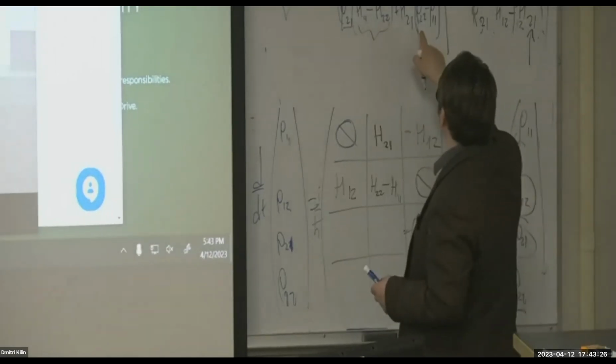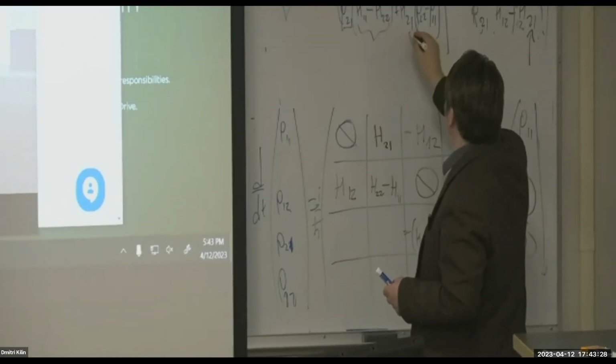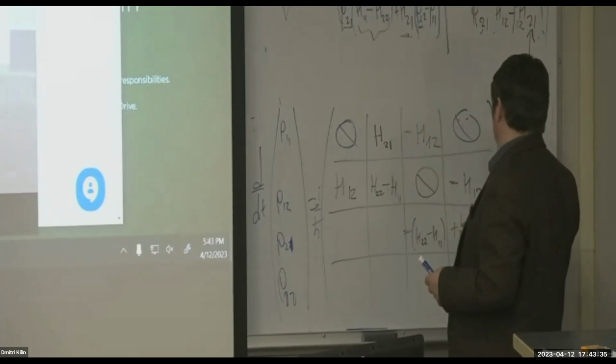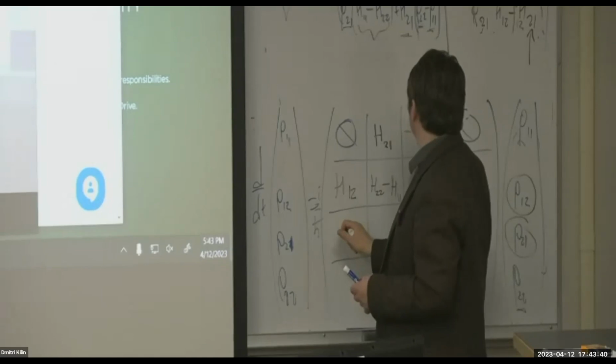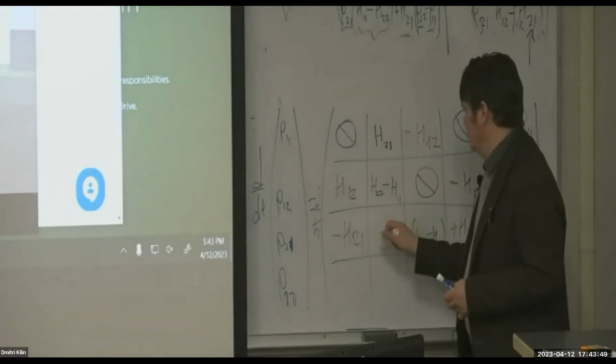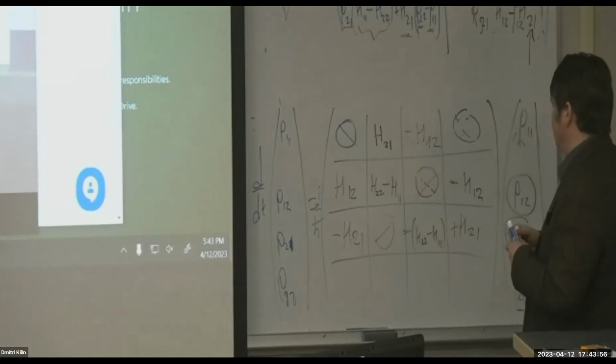So next, it is contributed by the population of the excited state with plus H21, and is contributed by population of the ground state with minus H21. And no contribution from the different coherencies. Okay, 75% done. Now the last one.